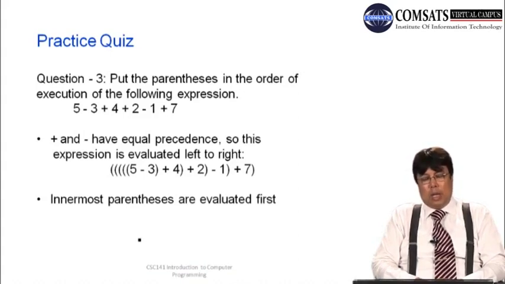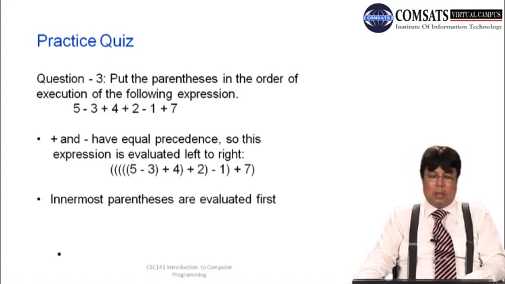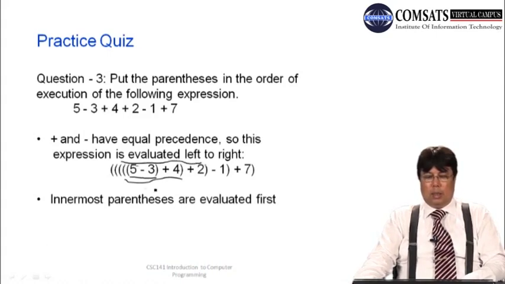So just keep on putting the parenthesis. First of all, 5 minus 3 will be executed, so we put a parenthesis around 5 minus 3. Then it will add 4. Then it will add 2. Then it will subtract 1 from the answer. Then you will add 7 to the answer.